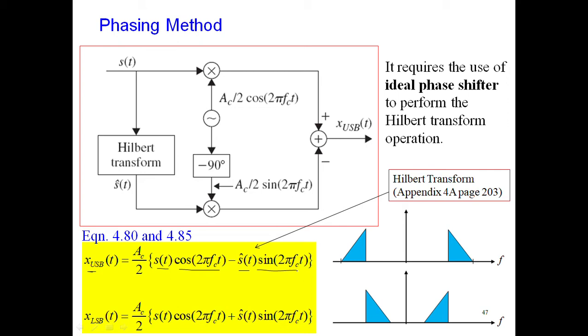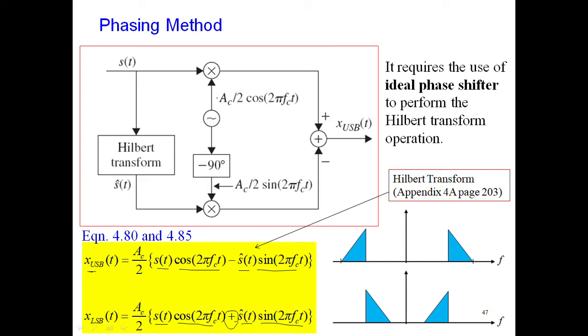What is Hilbert? I will explain later. For the lower sideband, you can use this formula: Ac divided by 2, the signal multiplied by the carrier plus the Hilbert of the signal multiplied by the Hilbert of the carrier.